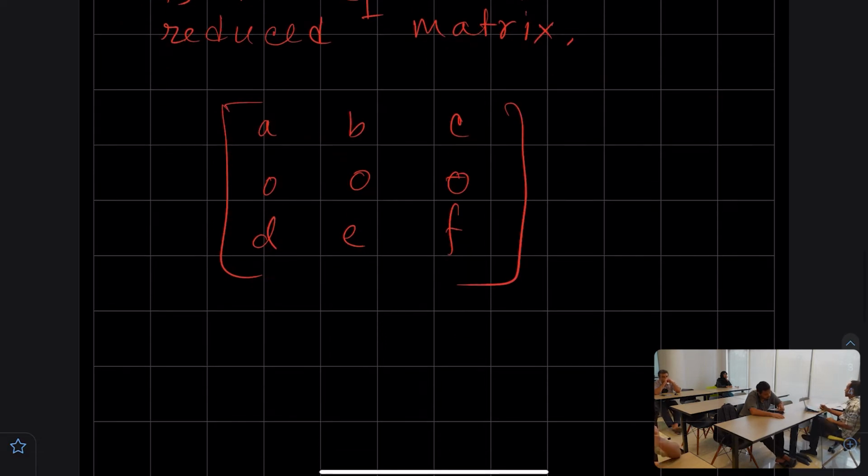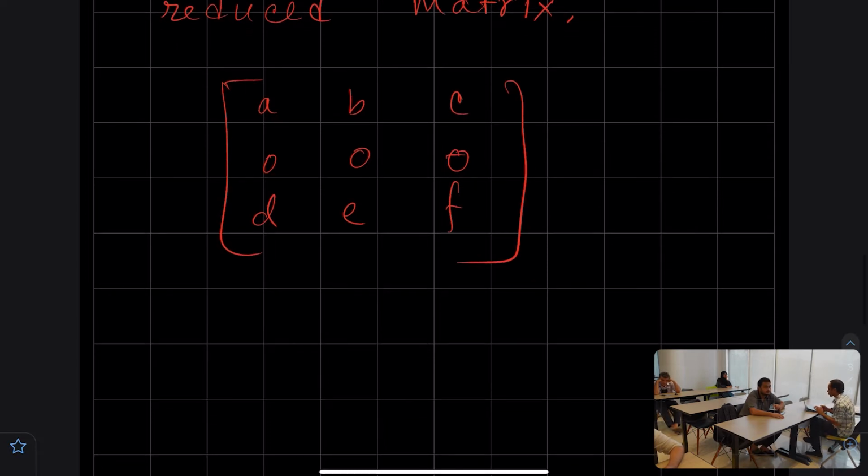Is this matrix row equivalent to a row reduced matrix? Yes, every matrix is. So how can I do that? I have to start with row 1. What I can do for row 1 is multiply row 1 by 1 over A, right?